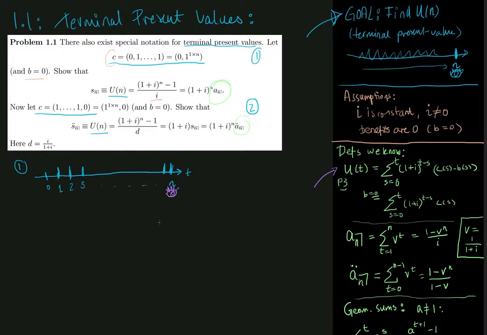And what is it? Well, the payment at time n has the value 1. The payment at time n minus 1 has accumulated 1 period of interest. The payment that occurred at time n minus 2 has accumulated 2 periods of interest. And so on and so on.